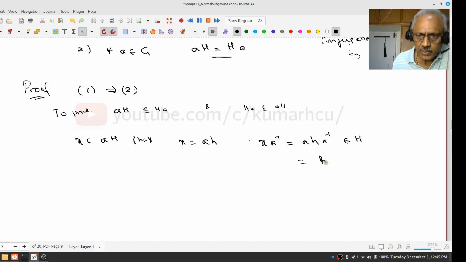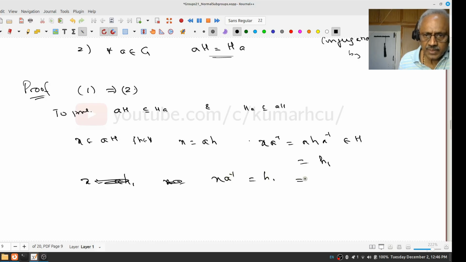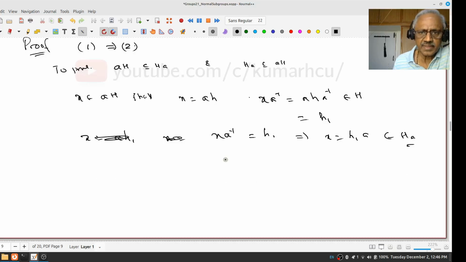Therefore, it is equal to H1. So XA inverse is H1. Multiplying, X is H1A. That means X belongs to HA. Is it clear? So, this is proved.